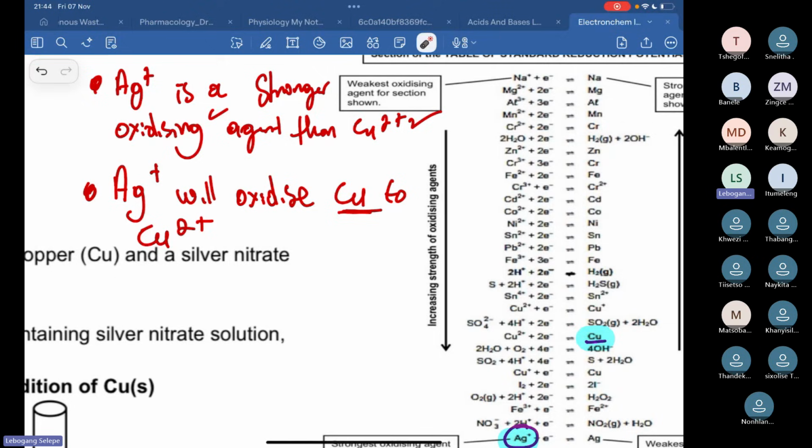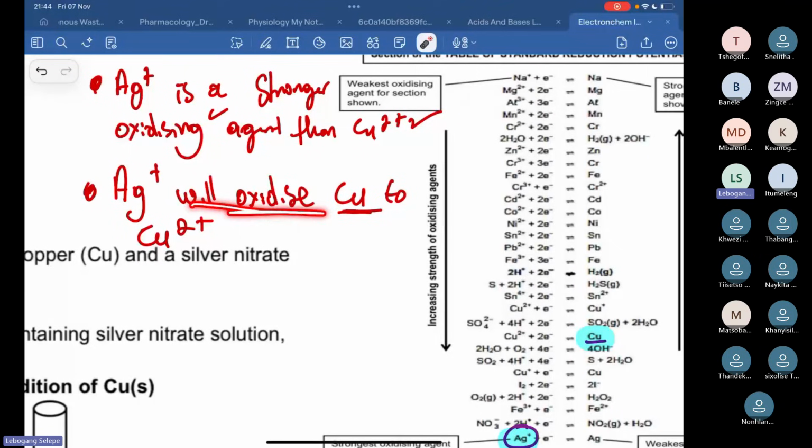To oxidize something, you need to take away its electrons. So it means that Ag plus is taking Cu's electrons, then Cu would become Cu2 plus. That's what this statement means.